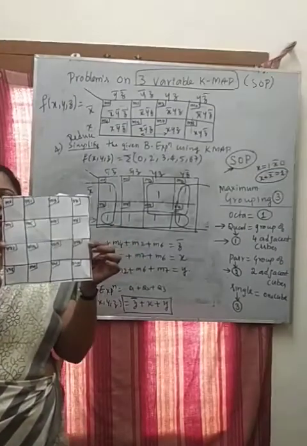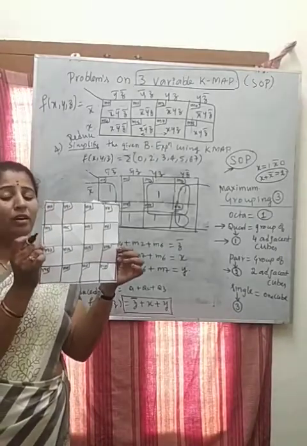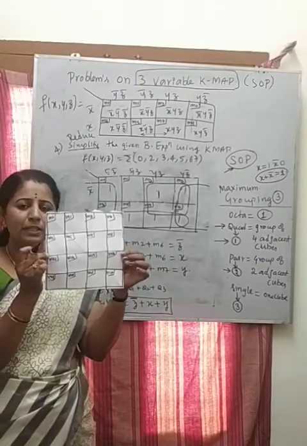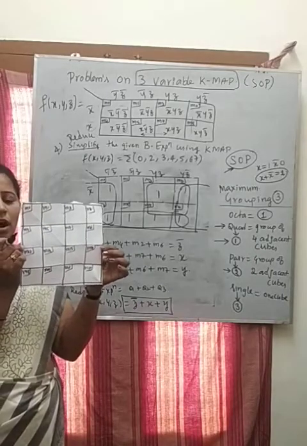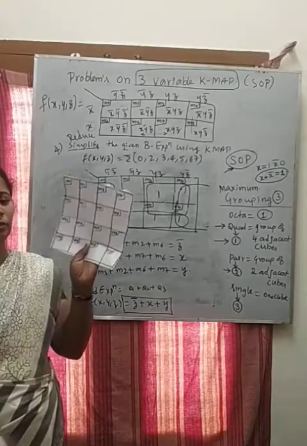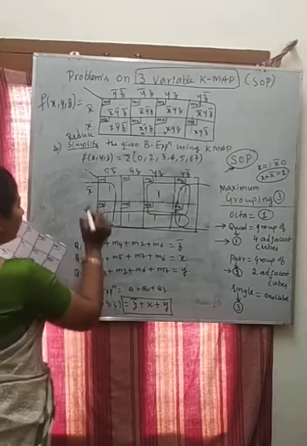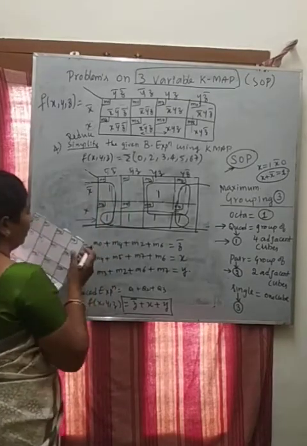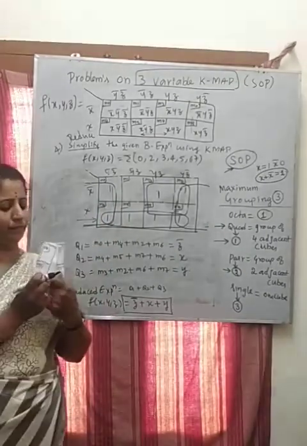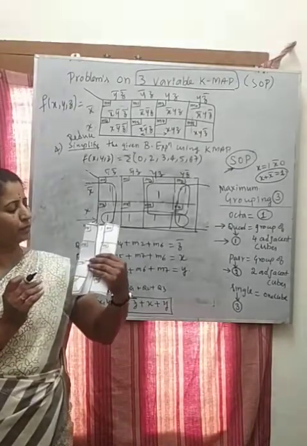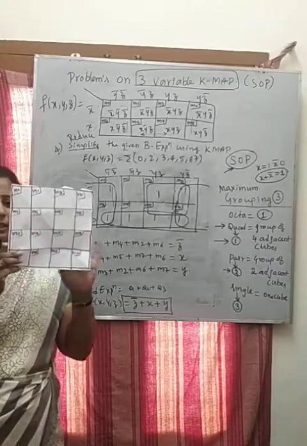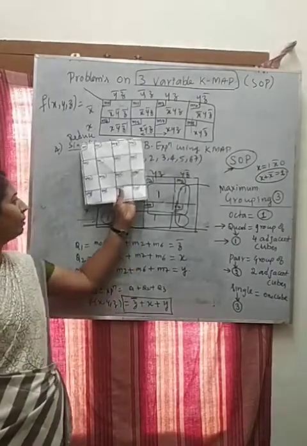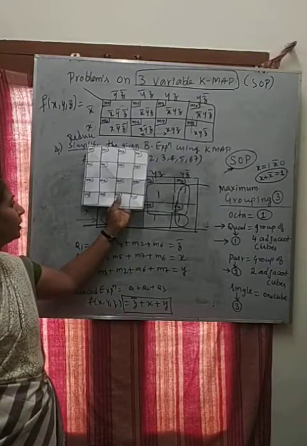I'll explain how you are going to do different overlappings for the 4 variable map. How you can draw, how you will get the particular one, why you need to write it like this only. So please get the paper and keep it ready like this, this much big paper with the terms written in the cubes.